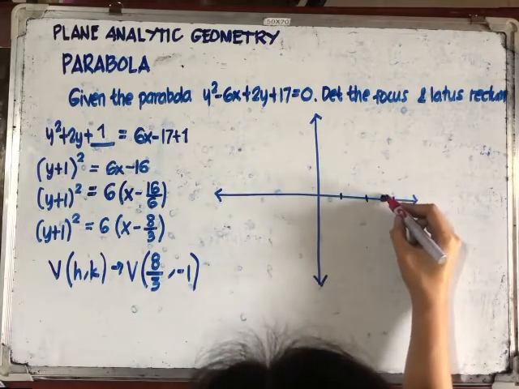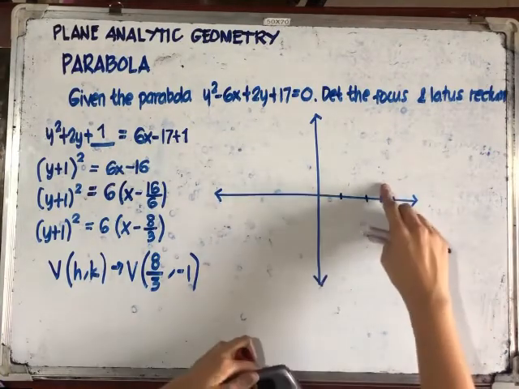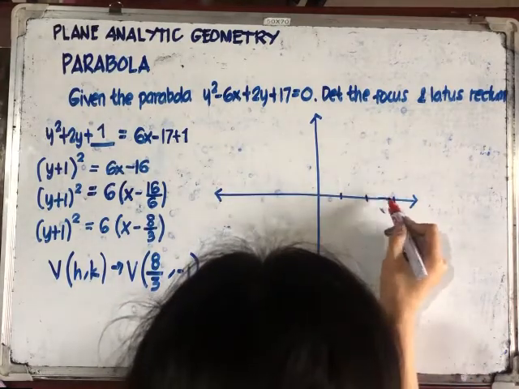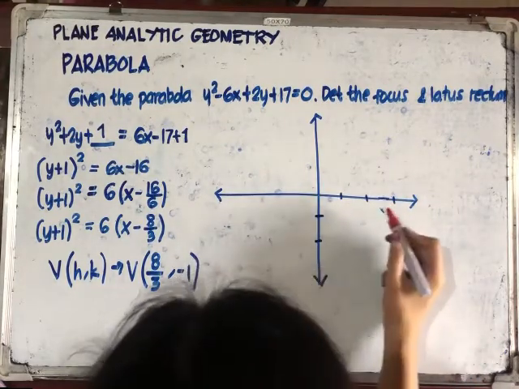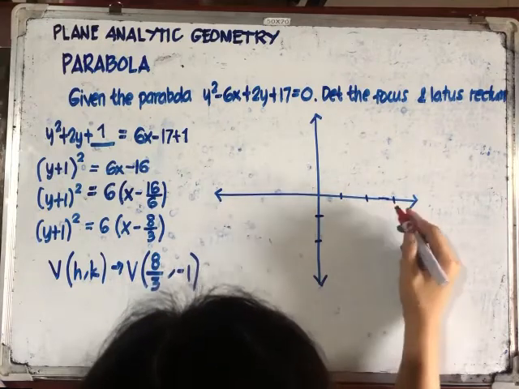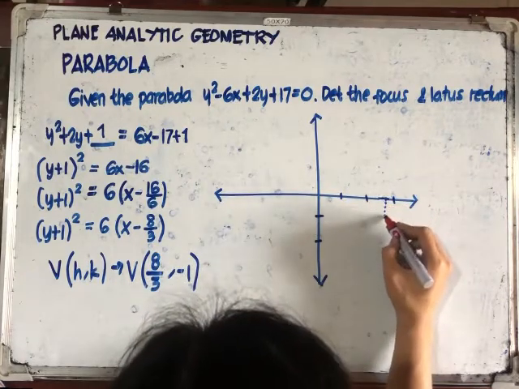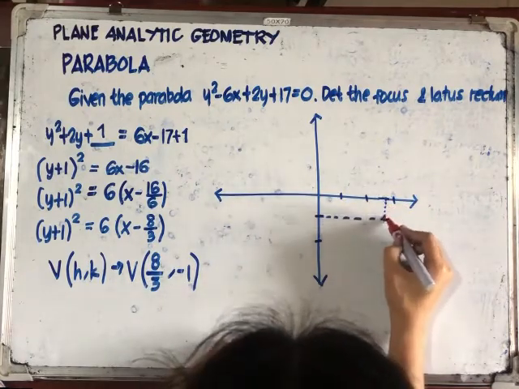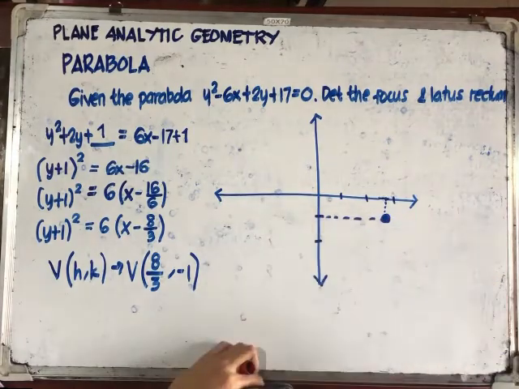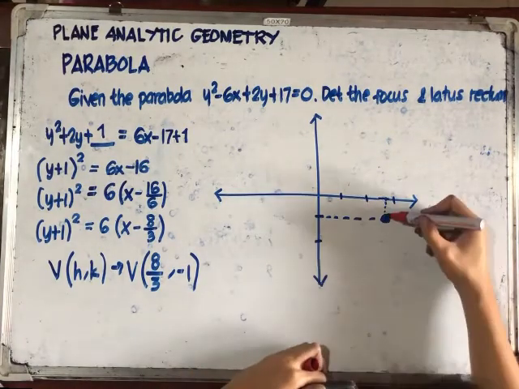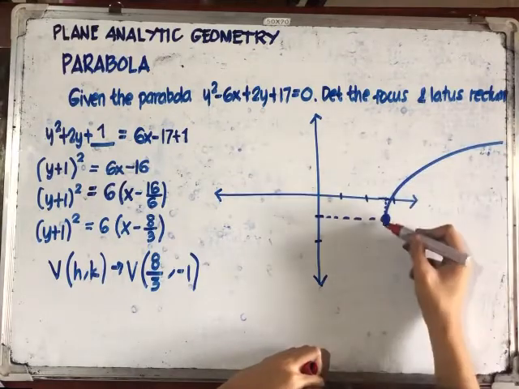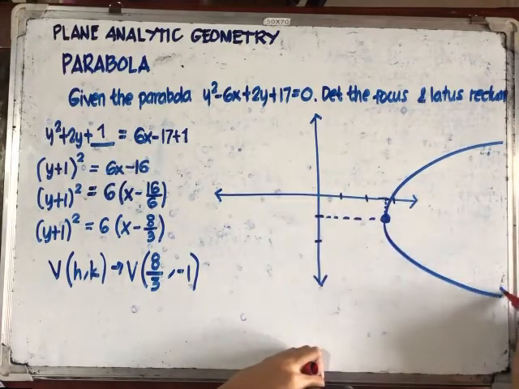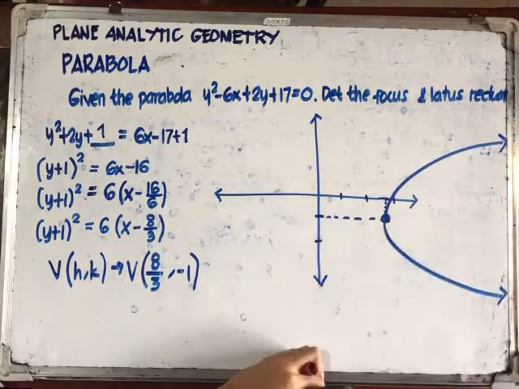Andito siya banda. Oh, -1. 8/3, -1 pala. Sorry. So, this is 1, 2. So, 8/3 is around here, -1 is around here. So, andito ang magiging vertex ng ating parabola. And rough drawing niya would be like this. Yan, concave or open to the right siya.